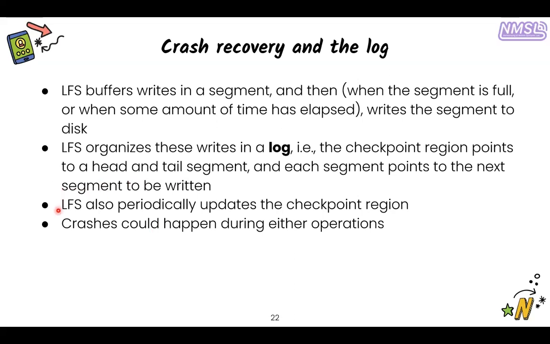LFS also periodically updates the checkpoint region. Now, crashes could happen in both of these operations, right? One, when you're periodically updating the checkpoint region, versus when you're actually writing these in a log. So we're first going to look into this case and then jump ahead to the other case.